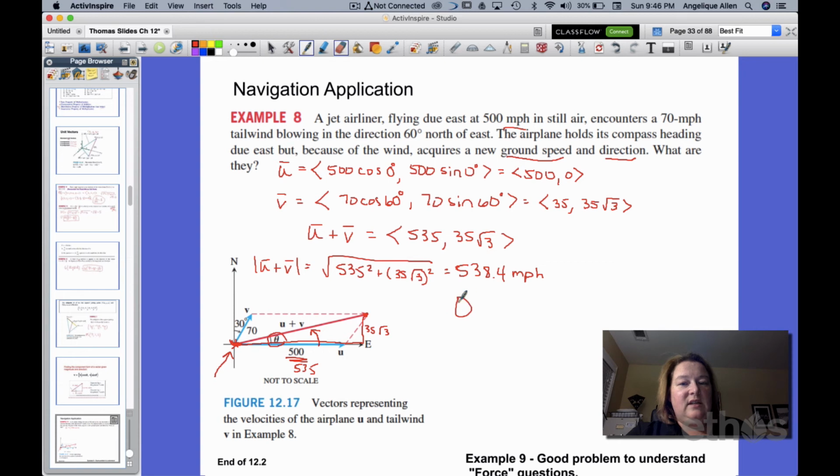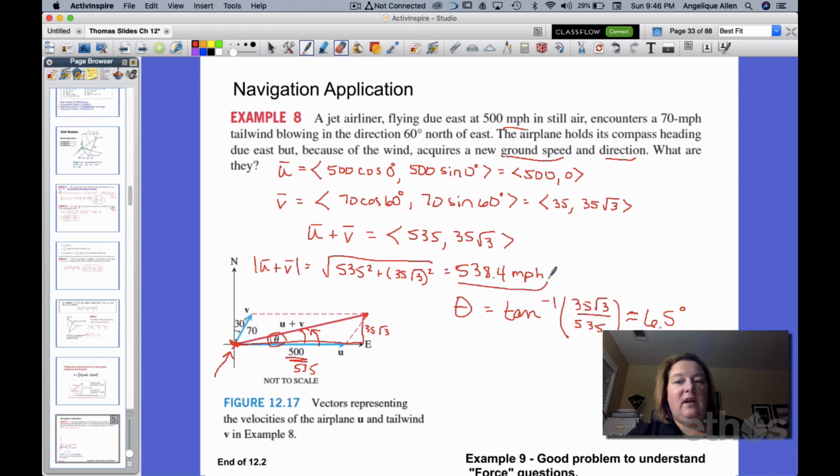So can we not, to find theta, just look for the angle whose tangent is 35 root 3 over 535, opposite over adjacent. So now there's your exact representation of your answer. No need to reduce, I'm good with that. And then you put it in the calculator and you figure out that that is 6.5 degrees. So we are blown 6.5 degrees off of due east toward the north by this tailwind.